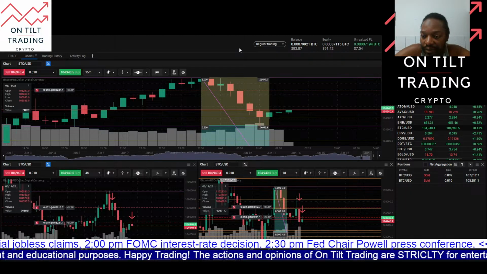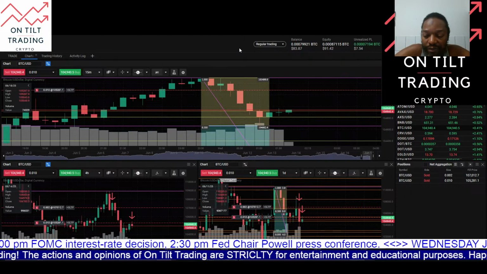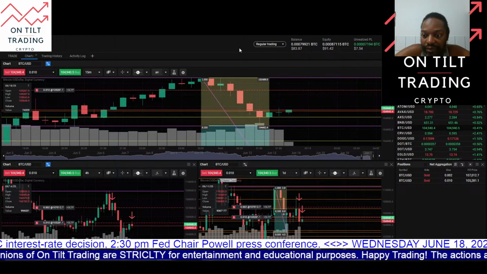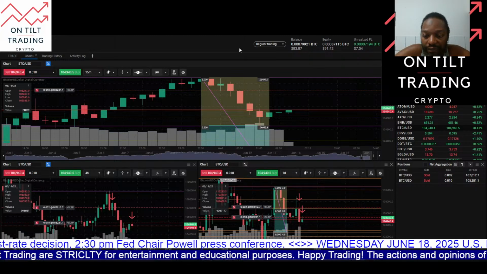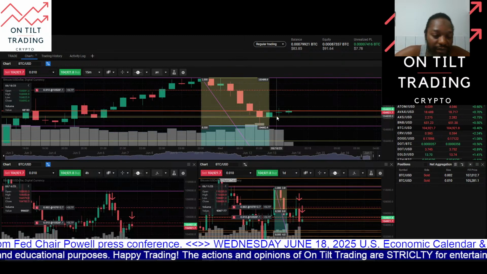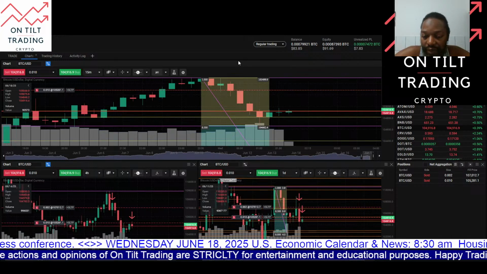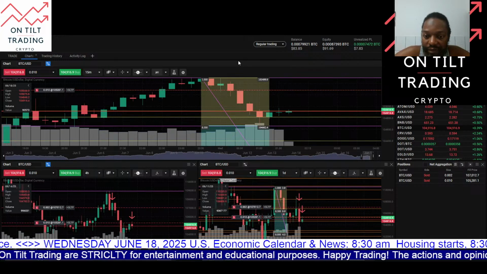Price still being delivered to the buy side, 104,940.4, potentially testing the 104,950 level, or potentially a breakout of the previous candle at 104,969.9. Now price being delivered to the sell side.